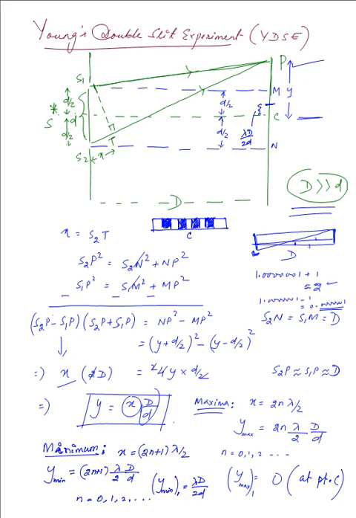These are known as fringes. The dark ones are the dark fringes and the bright ones are the bright fringes. Between those dark fringes, you will be getting a bright fringe, and we can determine that bright fringe width.